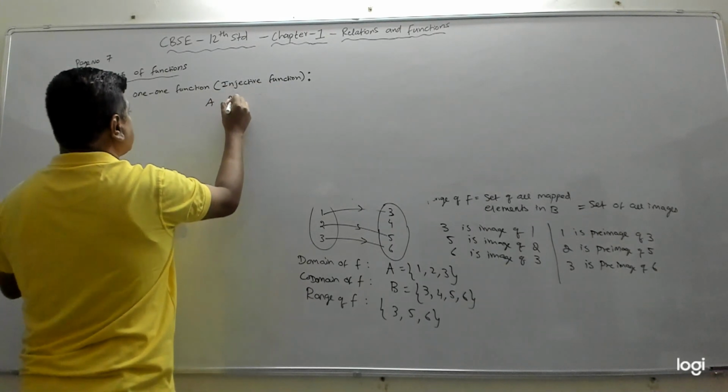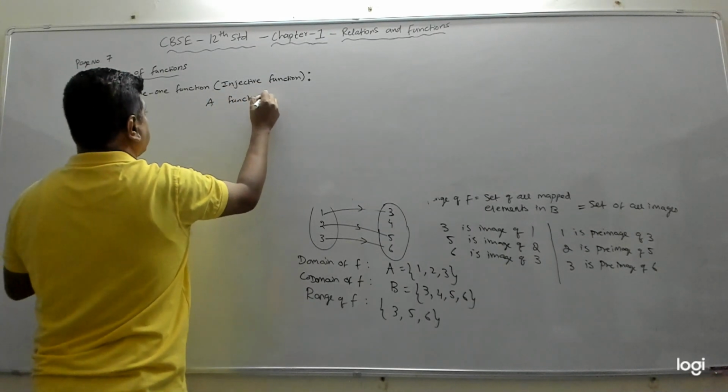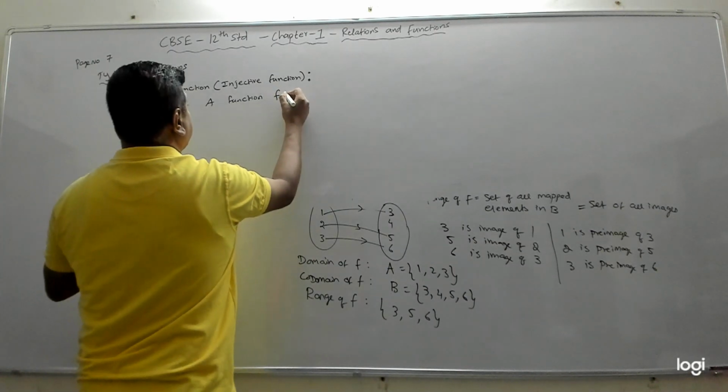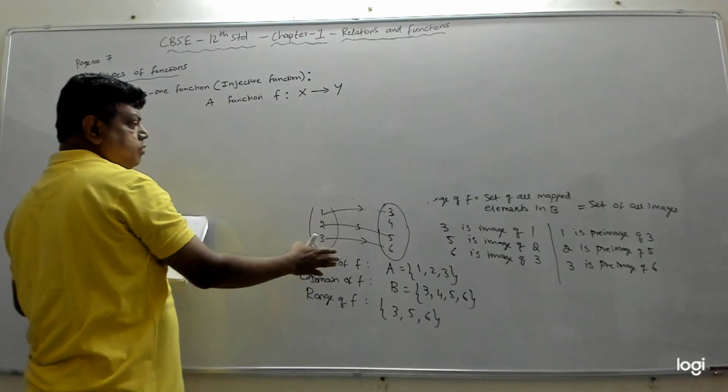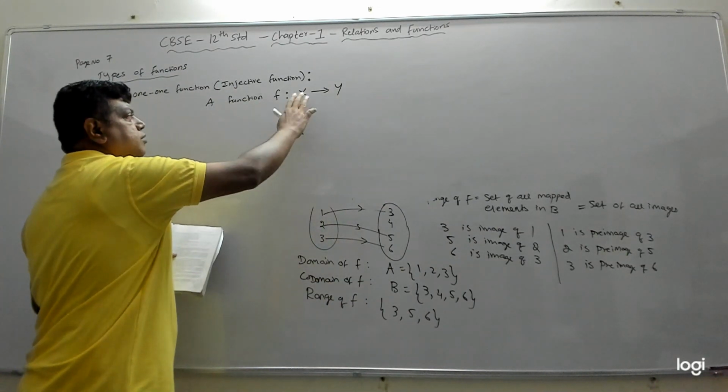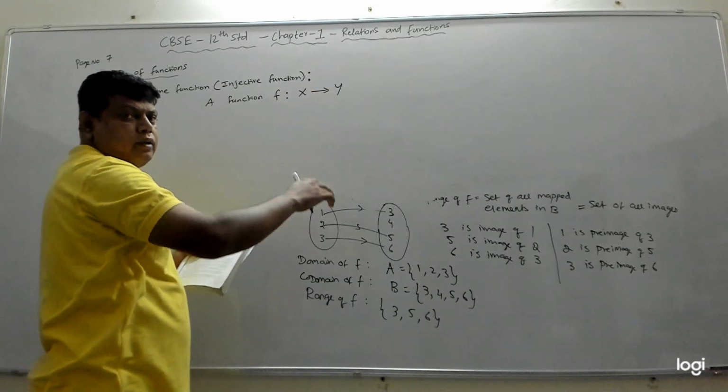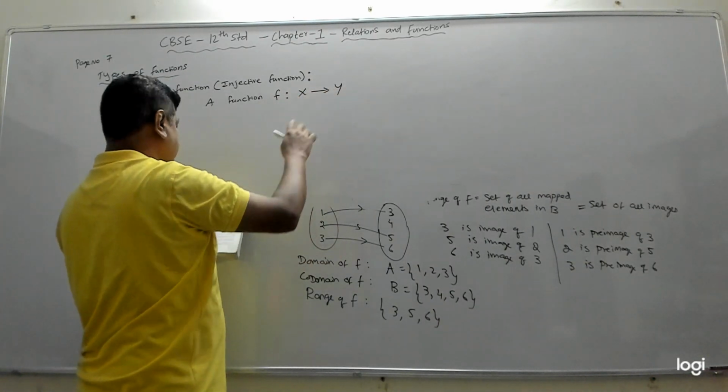A function f from set x to set y. Here we had it as A to B, but the sets can be A to B or x to y, it doesn't matter.